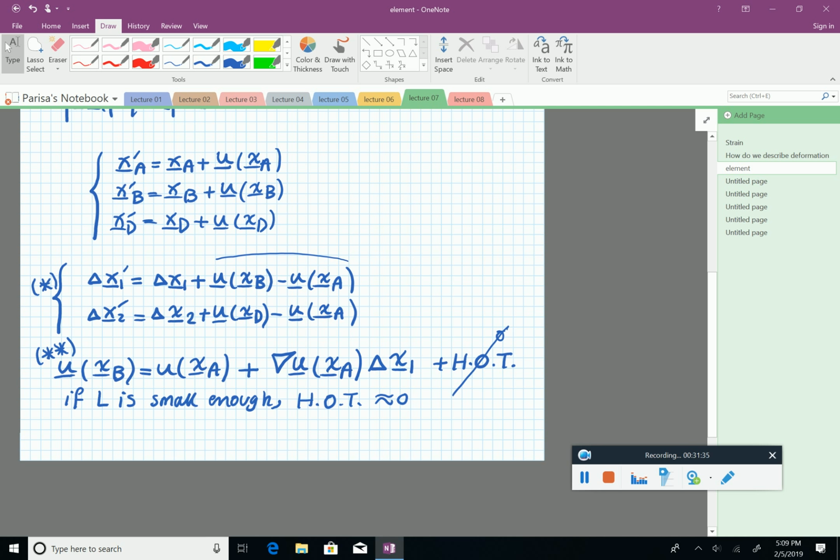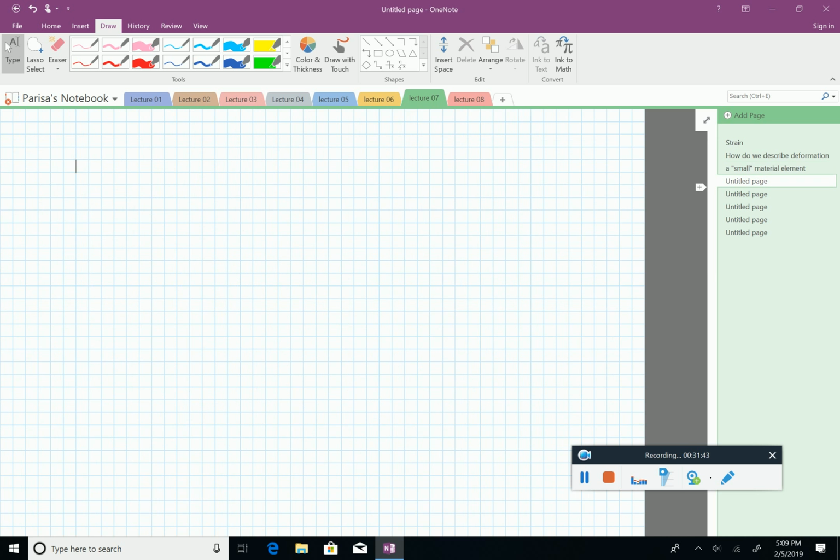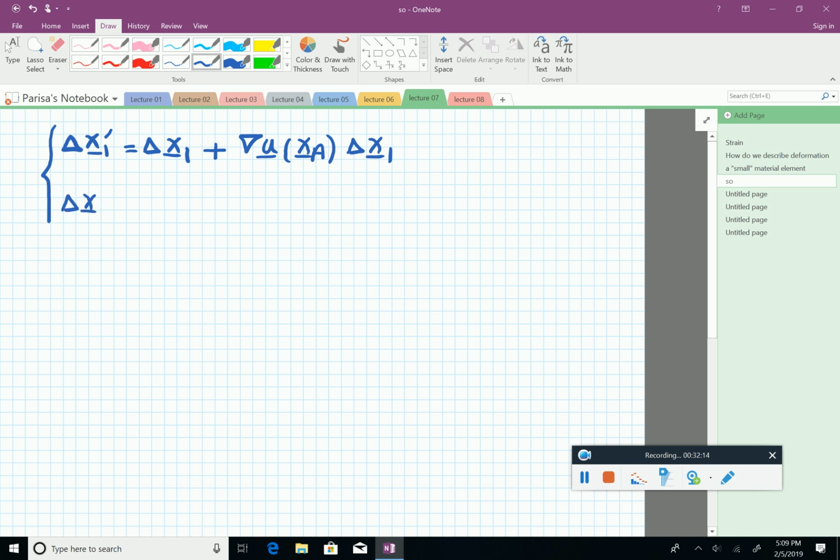Now, look at this. If I combine the 1 asterisk and the 2 asterisks, I get to this equation. Basically, instead of writing the two displacement differences, I just write the gradient evaluated at xa times delta x1, and the same thing for the other direction.